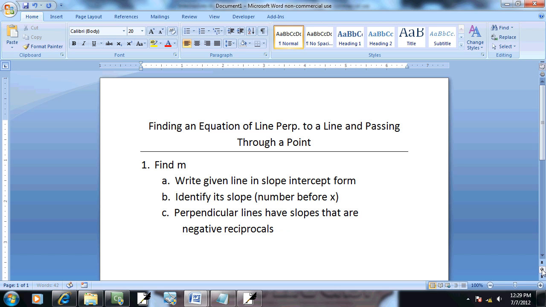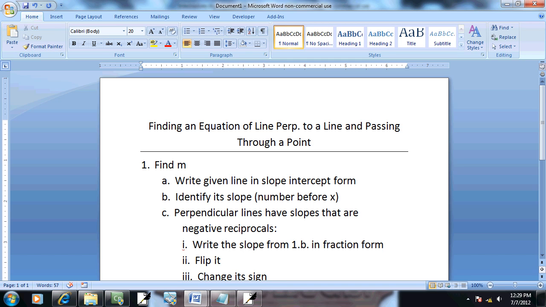What that means is write the slope from B in fraction form, flip it, that's the reciprocal part, and change its sign. That's the negative part.